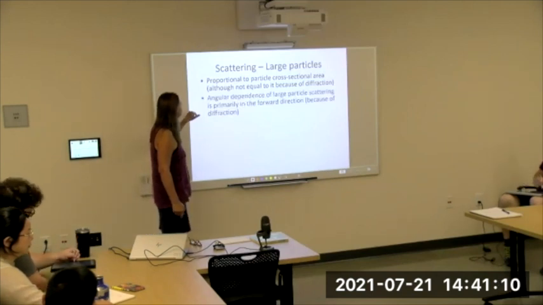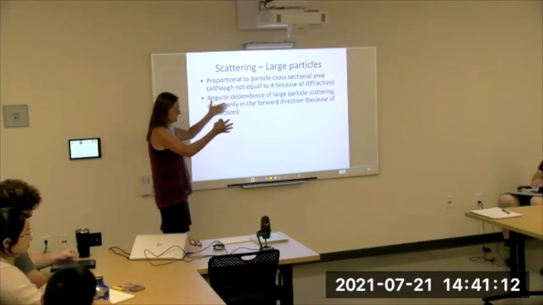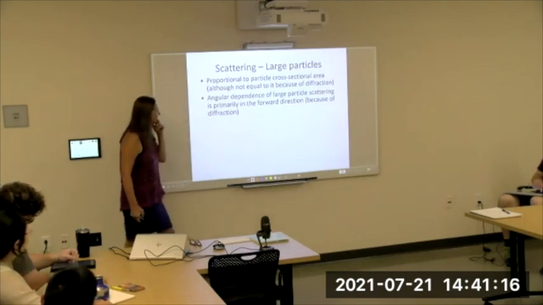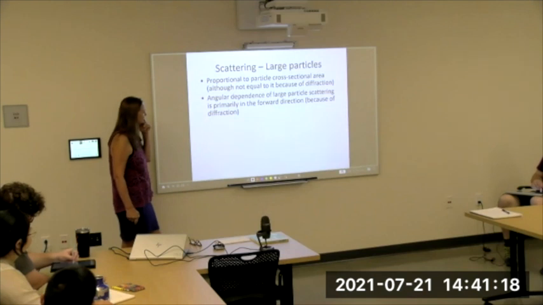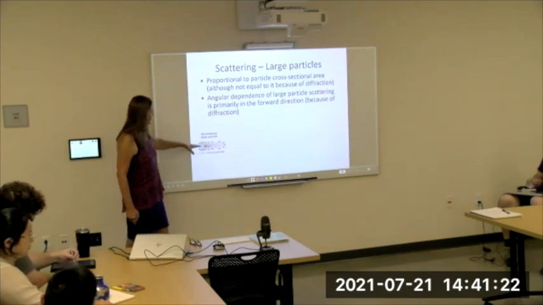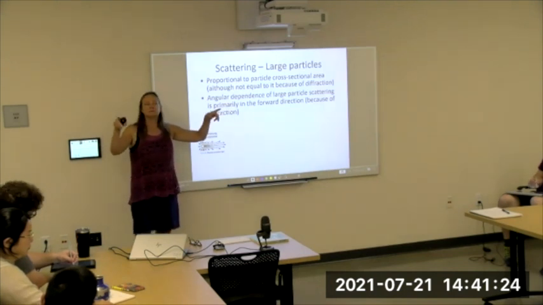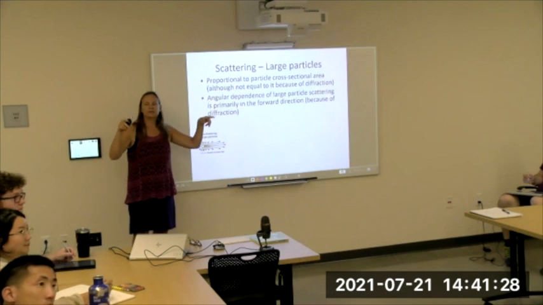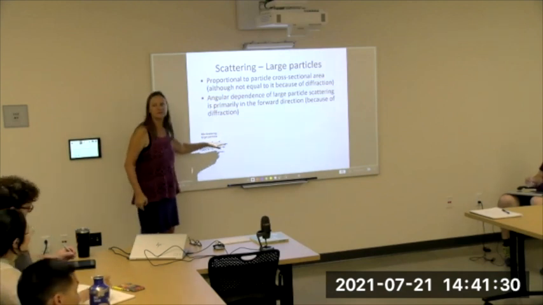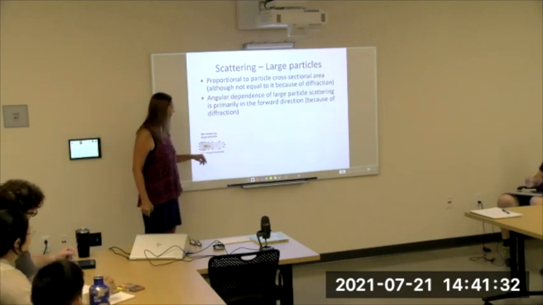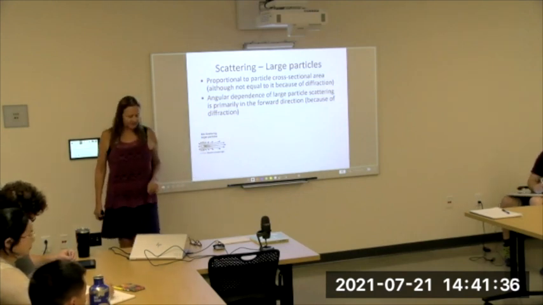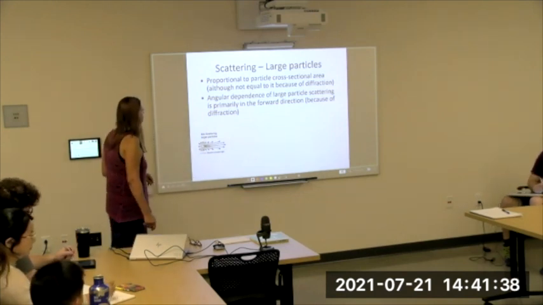Okay. The angular dependence is focused primarily in the forward direction because of diffraction for scattering by large particles. And so it looks something like this. If you look on the board, I sketched very badly, it looks like the volume scattering function, right? It's primarily in the forward direction. That's due to diffraction. There's scattering in the backward direction. Sometimes there's a little minimum around the waist area.